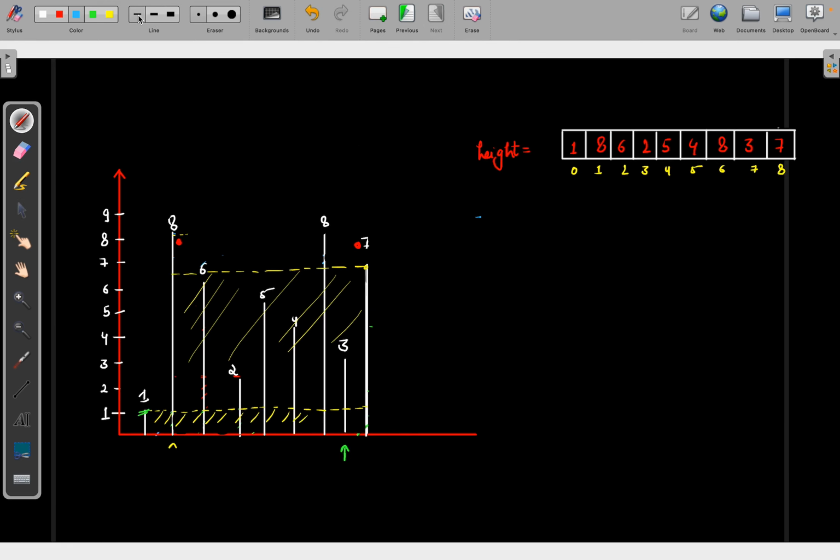So again, these are my indexes. Let me quickly add these indexes: 4, 5, 6, 7 and 8. And so what I will do, I will take the L pointer at 0, and I will take the R pointer as n minus 1, that is the total length minus 1. So L pointer and R pointer, and I will calculate the area.